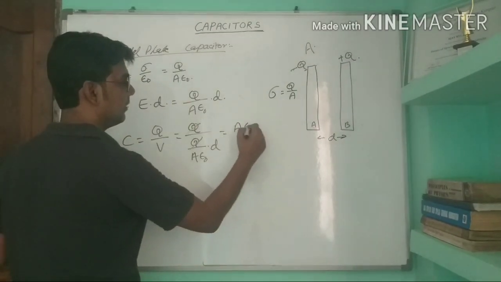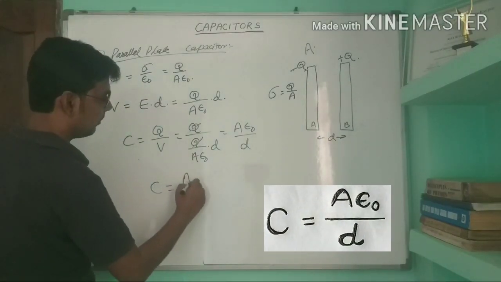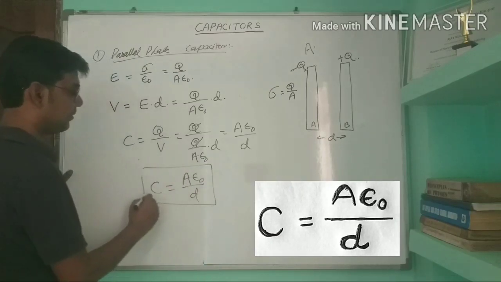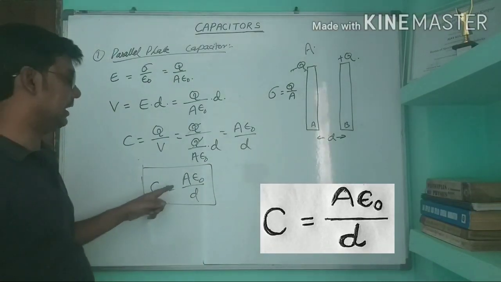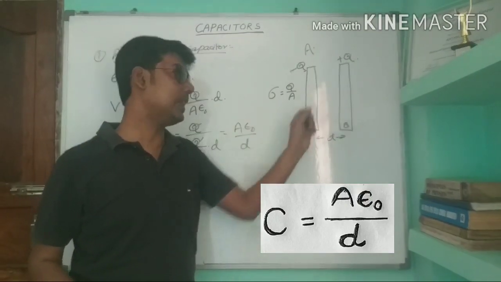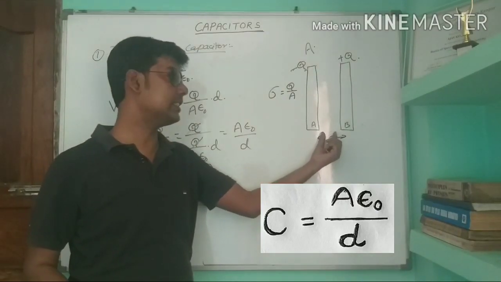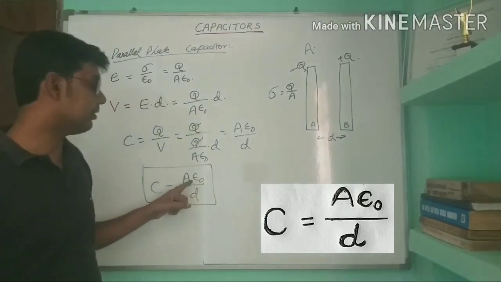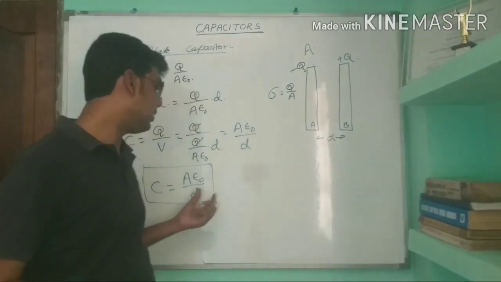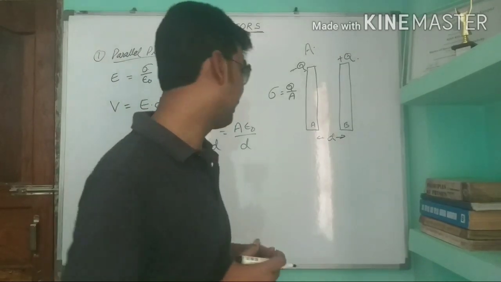So the capacitance of a parallel plate capacitor is equal to A epsilon 0 by d, where A is the area of the face of the plate, d is the small distance between these two plates, and of course epsilon 0 is the permittivity of free space. Here we take free space as air or vacuum.